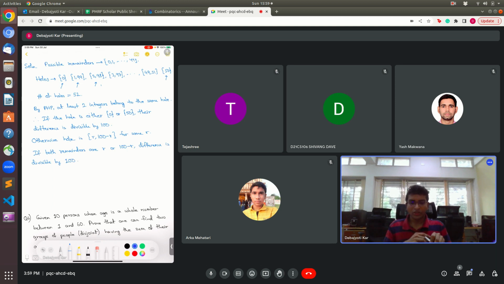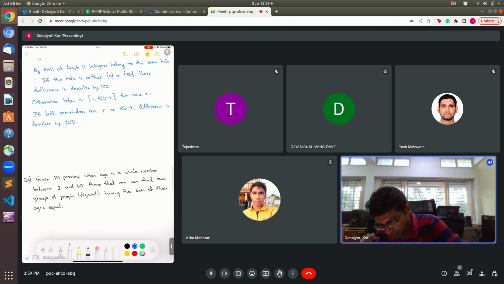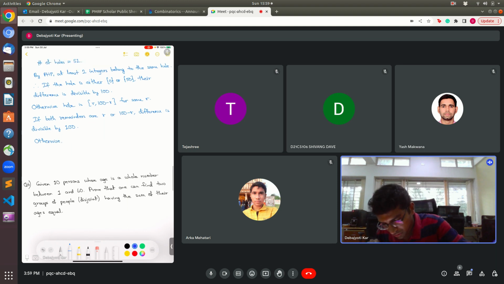Right, so then the only case to consider is when one of them has remainder r and the other number has remainder 100 minus r. So in that case what we want to say is that the sum of these two numbers will be divisible by 100.